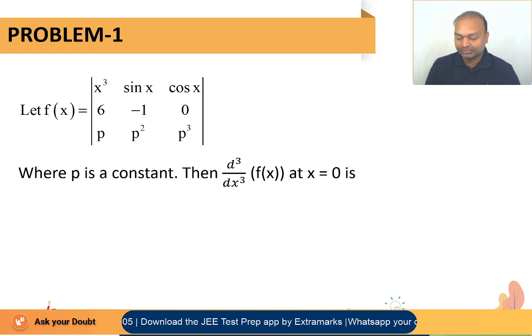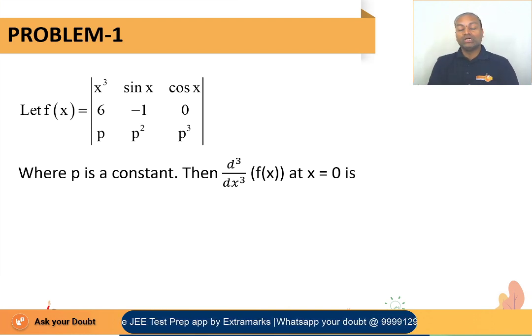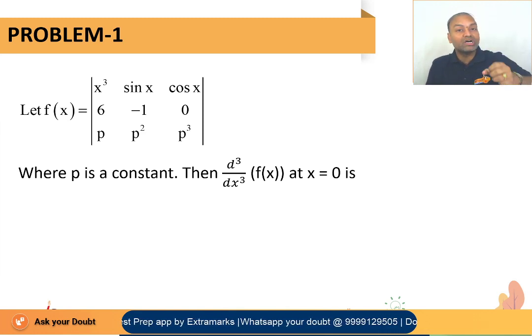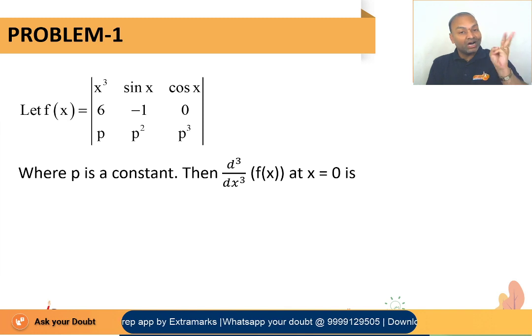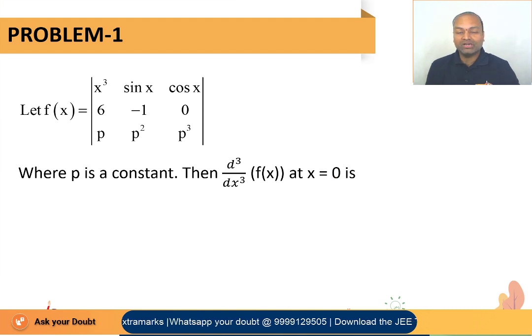Here f of x is a 3 by 3 determinant. Now you differentiate that f of x 3 times. After finding the 3 times differentiation, put x is equal to 0. Then what is that answer?